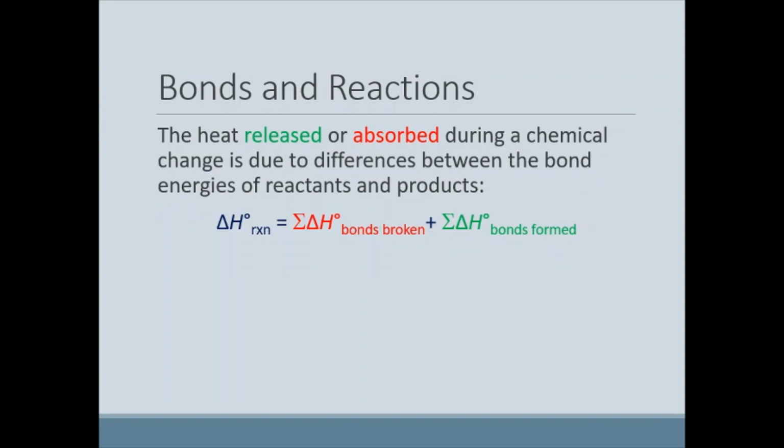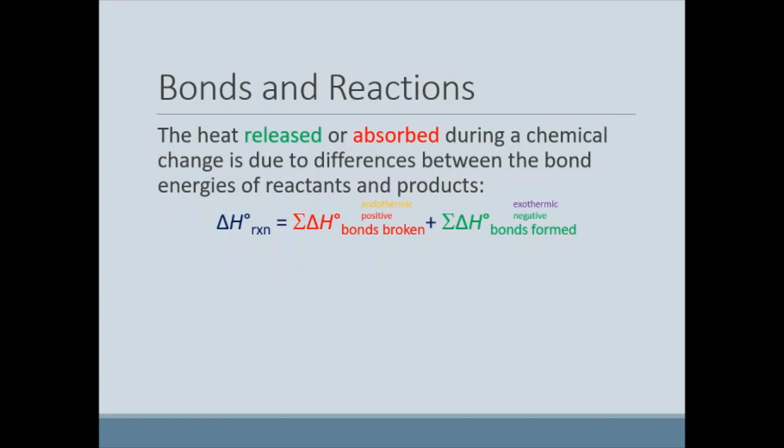Bonds being broken is going to be an endothermic reaction, meaning it has to require energy from an outside source. And so even though I have it written in red, again, it's going to be a positive number. On the other side, bond formation is going to be an exothermic reaction, and it's going to be a negative value.